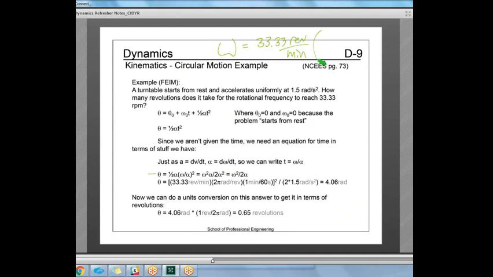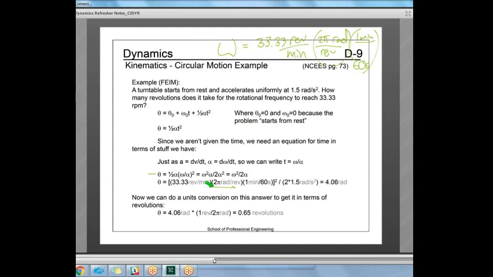When it's time to use omega, we know it's 33.33 revolutions per minute. To get that in our preferred units, we need to convert the revolutions to radians. So we'll put revolutions on the bottom, we'll put radians on the top, and it turns out 1 complete revolution is 2 pi radians.